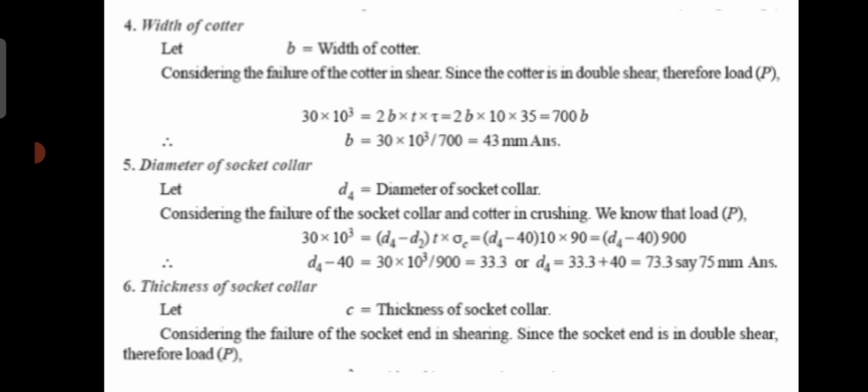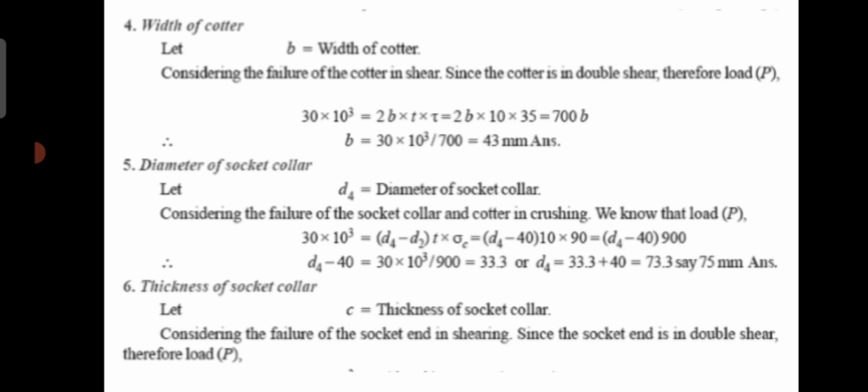Then we are going to find the diameter of the socket collar. Let d4 equal the diameter of the socket collar. The suitable formula is P equals d (d4 − d2) × t × σc.